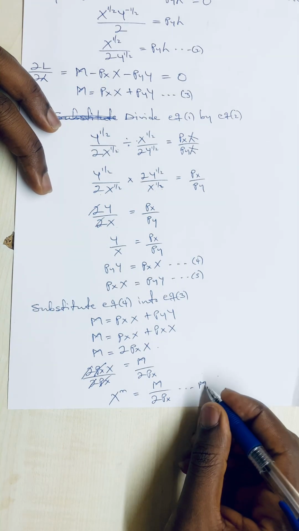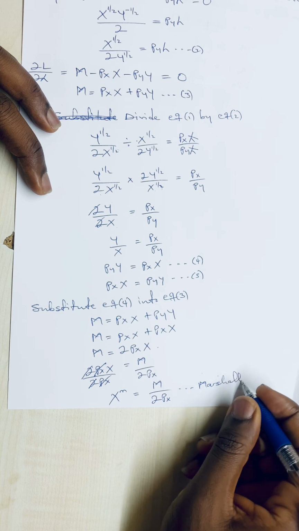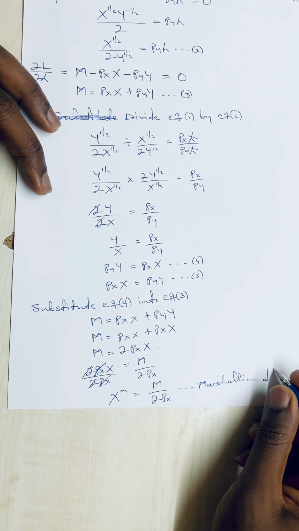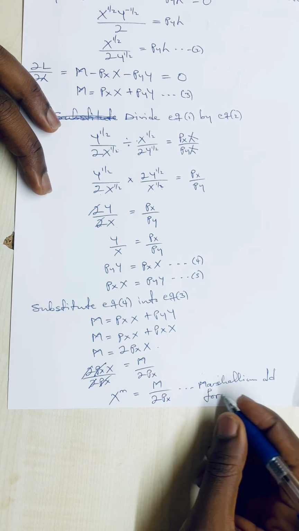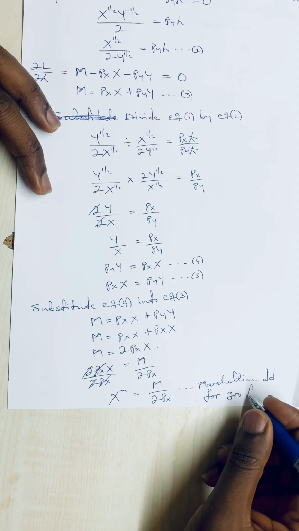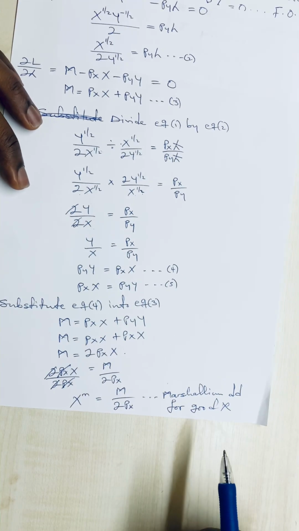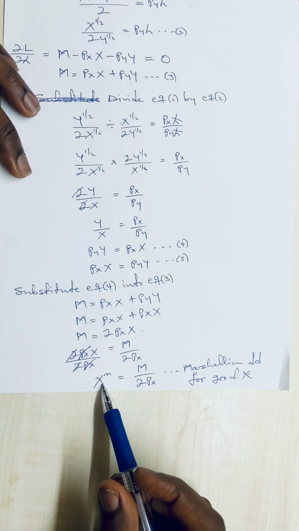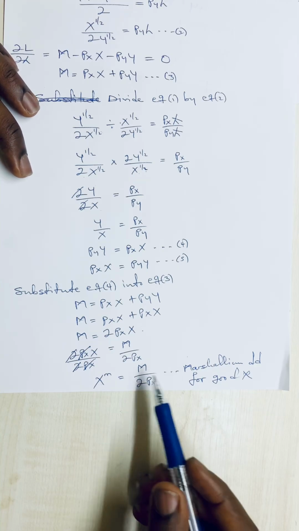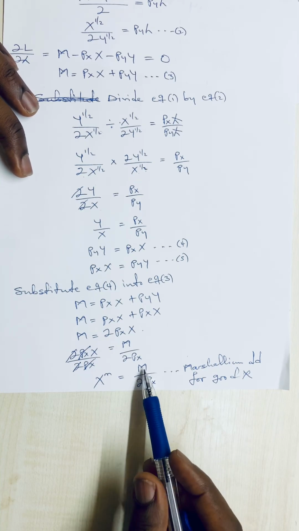So this is the Marshallian demand for good x. How do you know it's a Marshallian function? It has to be, not always, but at least a function of the price and income.